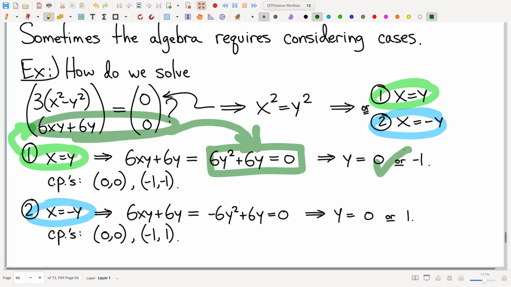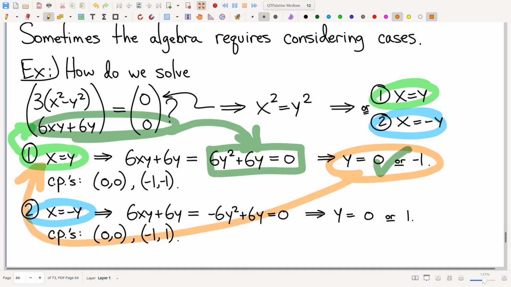Everybody see how that goes? And by the way, of course, once you know these values of y, you plug into our case that we're considering, and that gives us our actual critical points for those values of y.